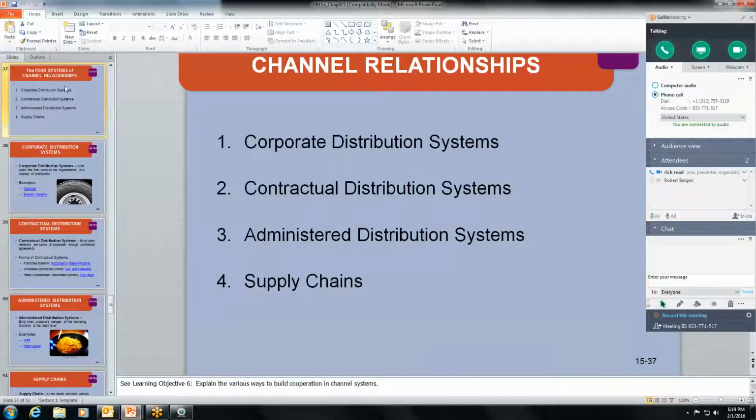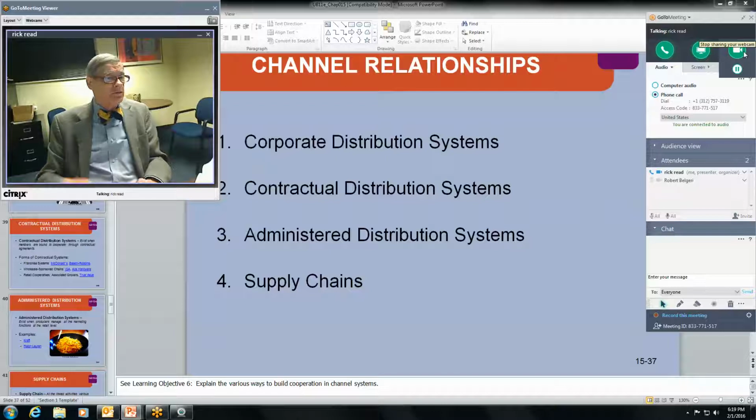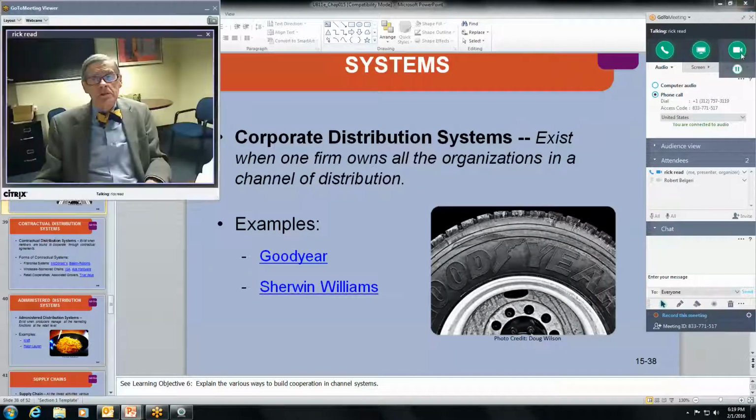These are the 4 systems of channel relationships. Corporate or company distribution system, and we'll talk about each of these. Contractual distribution system, administered distribution system, and supply chains. Corporate distribution system, Goodyear Tire is the one that comes to mind.